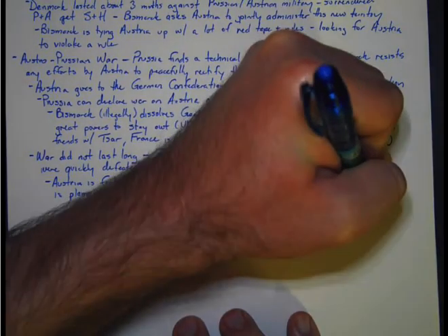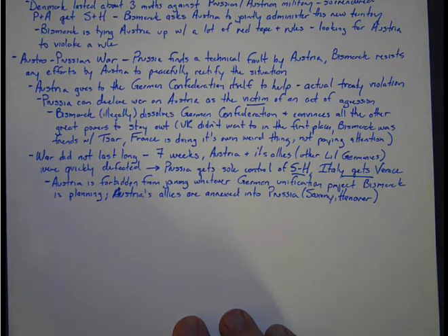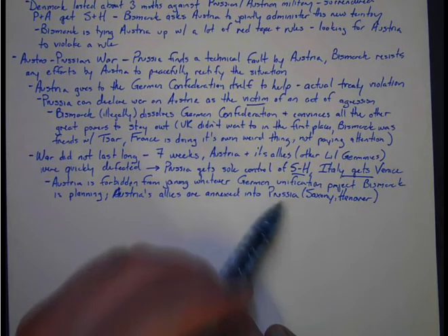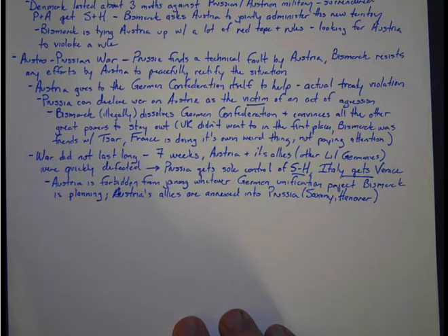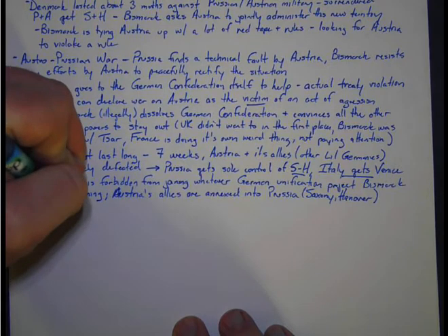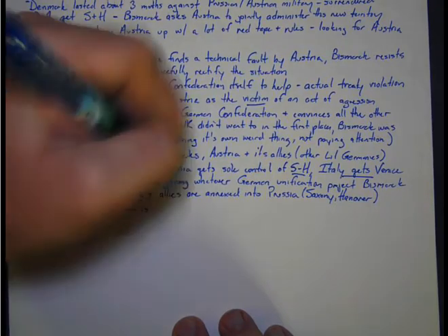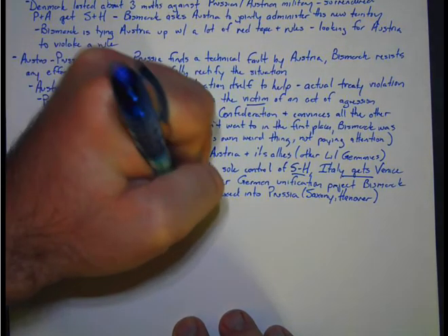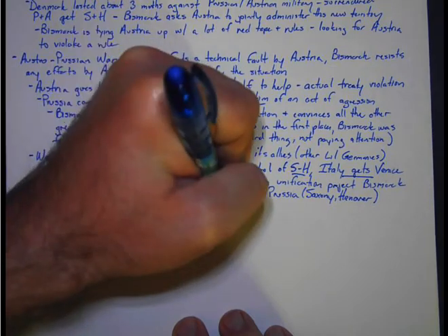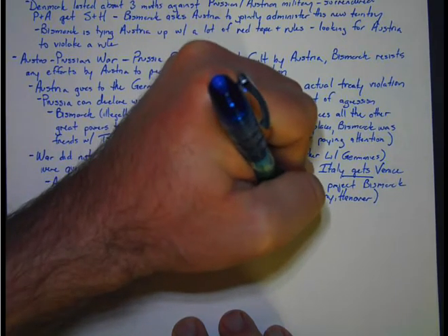Also, Hanover, which is where all the German kings of Great Britain came from. So these are now parts of Prussia. The other thing that happens is that the German Confederation is now reformed as the Northern German Confederation.